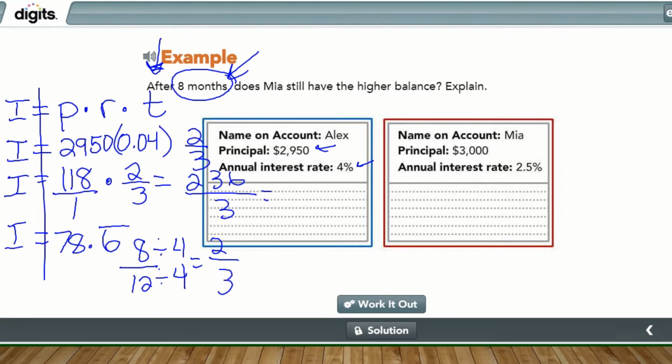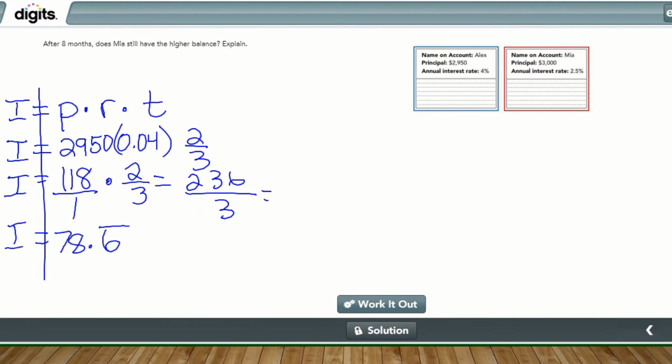But remember what this 78 and 6/10 repeating represents. It represents money. So we can't leave the final answer as that. We need to make sure we round to the hundredths place. We know it's going to be 78, a 6 here, and then we have to figure out what's going to be in the hundredths place. If we continue to write this, we know the 6's will continue.